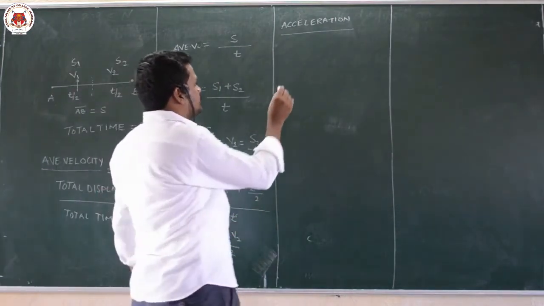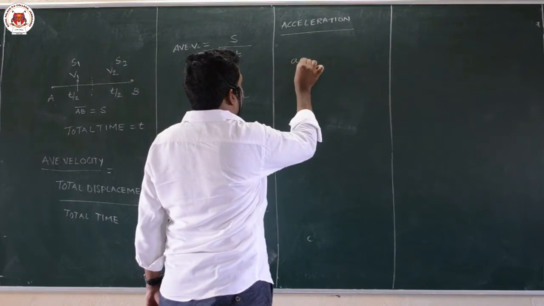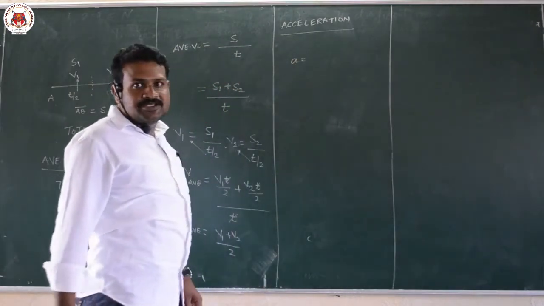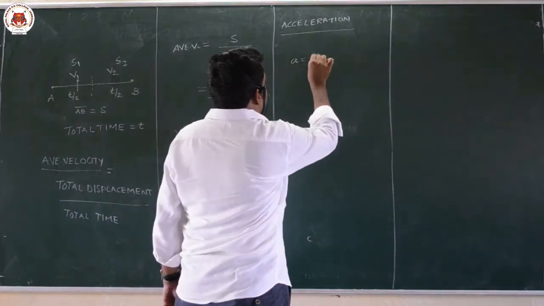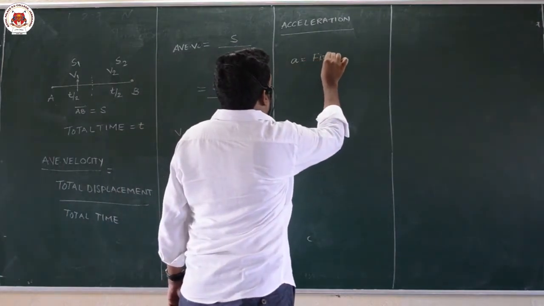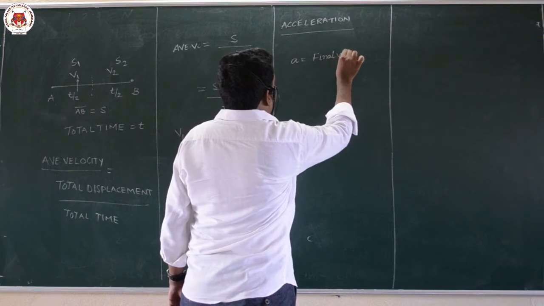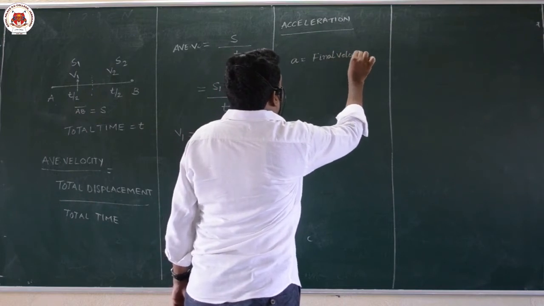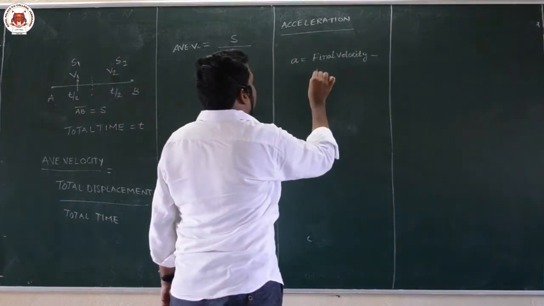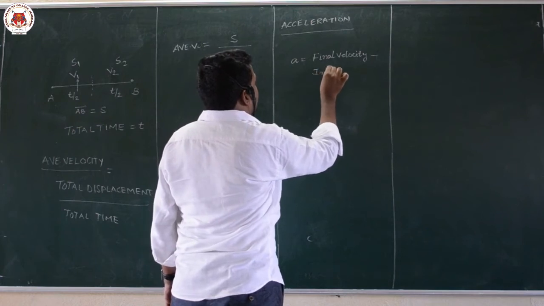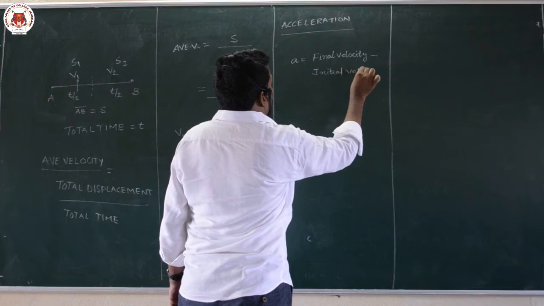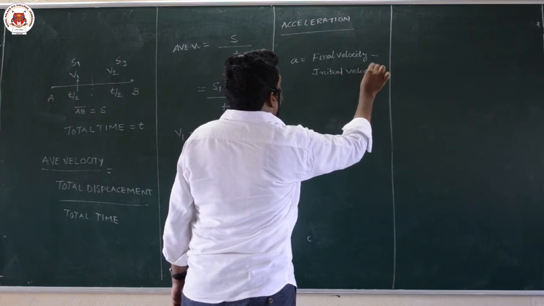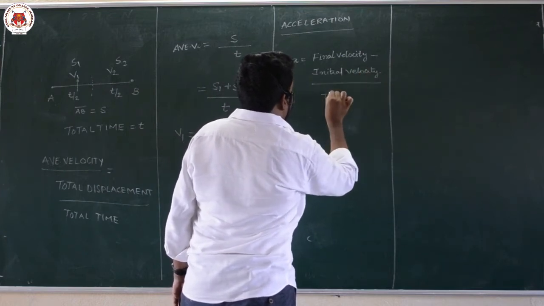That is, acceleration a is equal to final velocity minus initial velocity, by time taken.